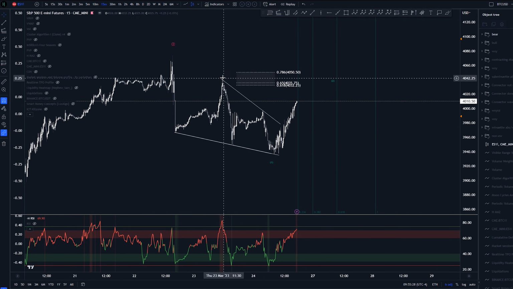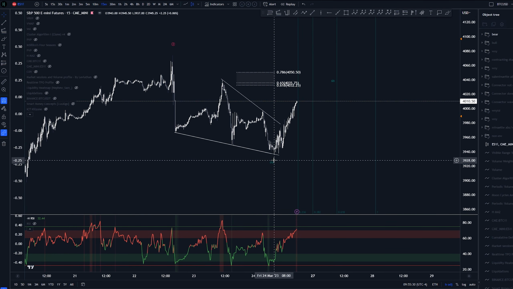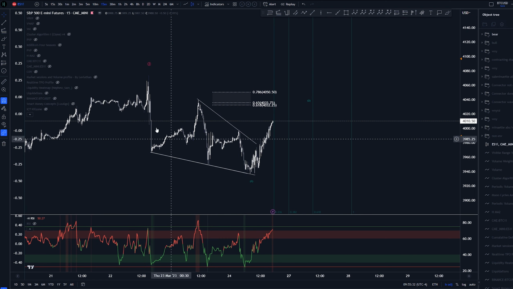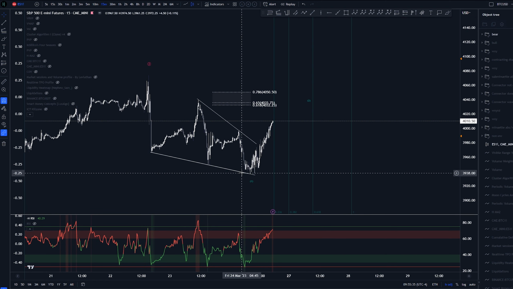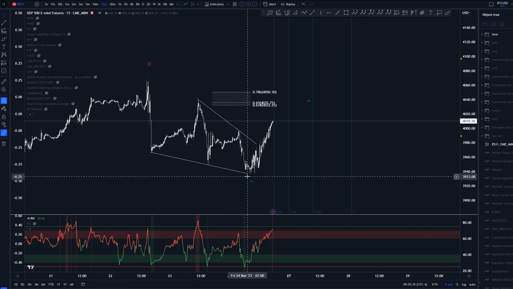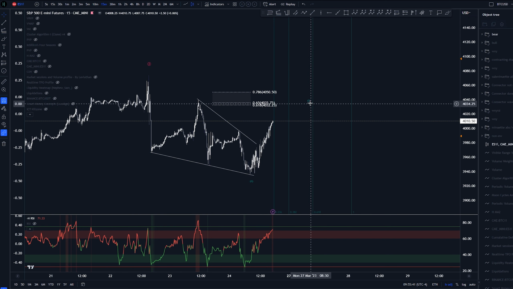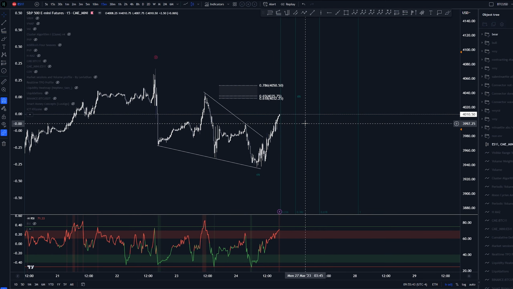Although I had the short here, we had the possibility of having this as some kind of diagonal ending at these lows. We were looking at this potential wave 2 here as well.